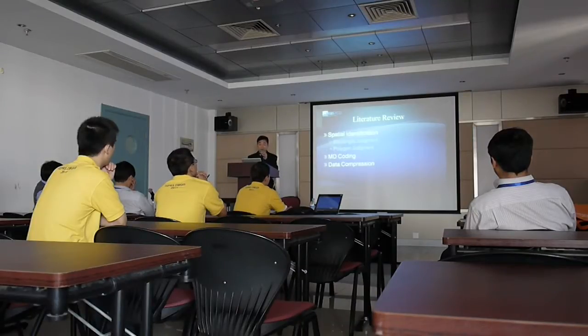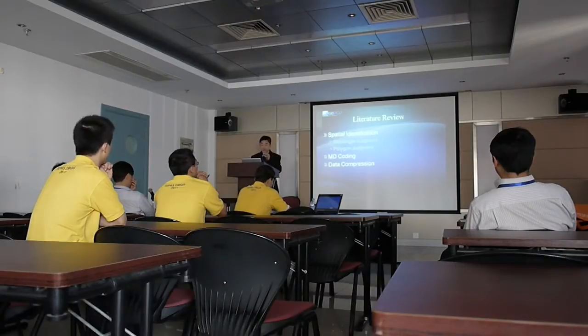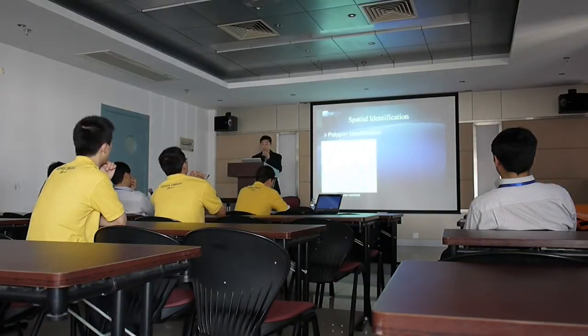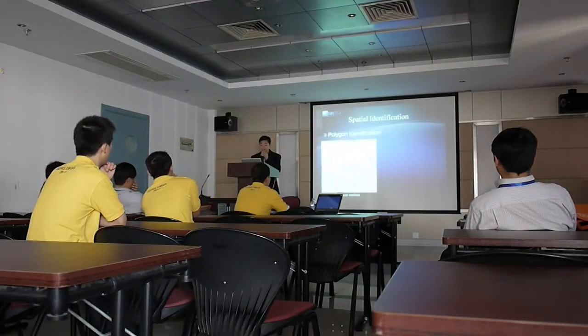Next, I'd like to give you brief reviews on algorithms related to our research, including spatial identification and MD coding. There are two methods to determine if a point is within a polygon. The first method is puncture method.